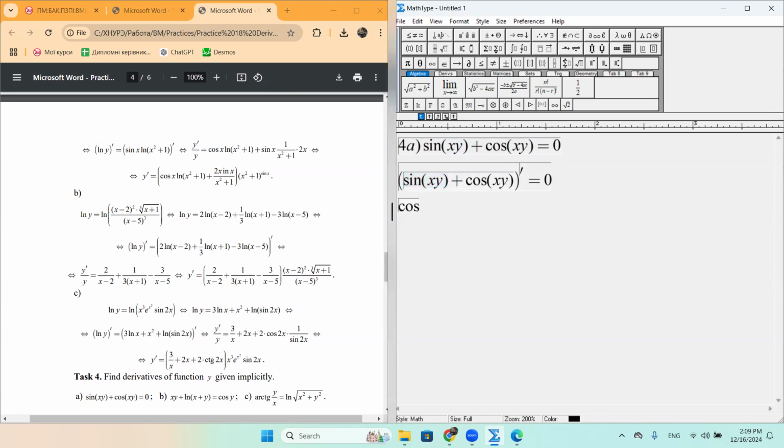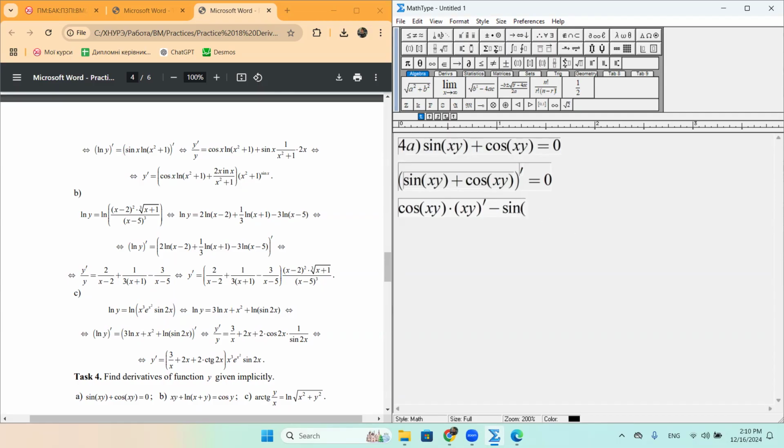It will be cosine of xy multiplied by the derivative of the product xy. Minus, because the derivative of the cosine is minus sine.